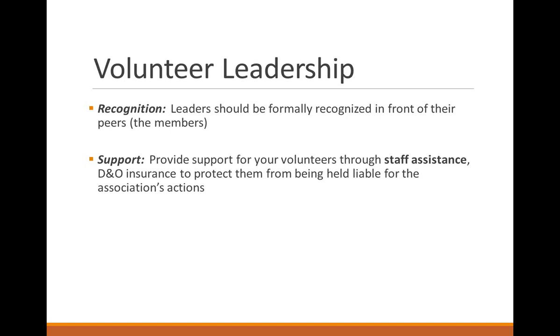Recognition is important. Volunteer leaders want to feel acknowledged, and so they should be formally recognized in front of their peers who are the members.